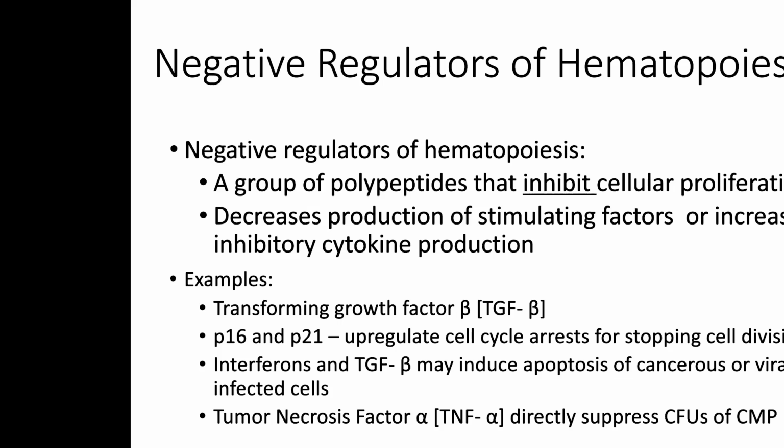So this will either decrease the production of stimulating factors or increase inhibitory cytokines. The most common ones you'll see are transforming growth factor, P16, P21, interferons, TGF-beta, or tumor necrosis factor alpha, which is a really common one that you'll see in molecular biology.